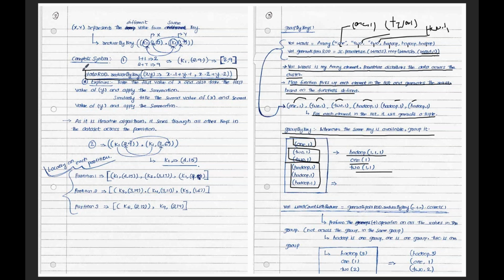I have a question here. For group by, if the key is like 2, 1 and 2, 2, then there will be two different groups? As in, can you have the same key name with a different value?